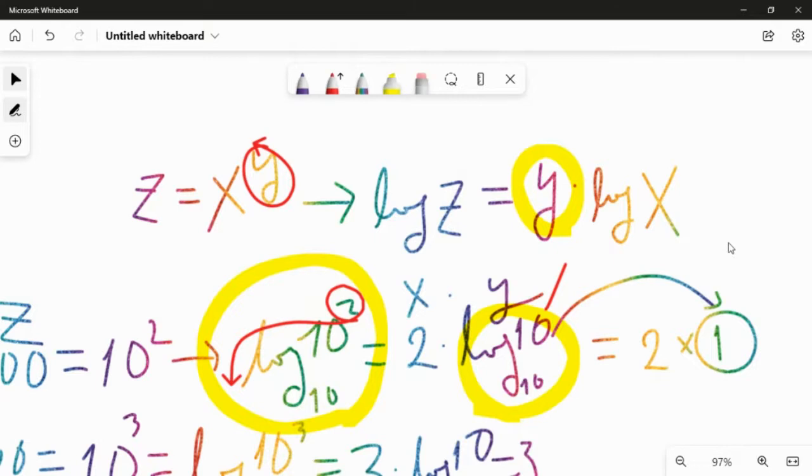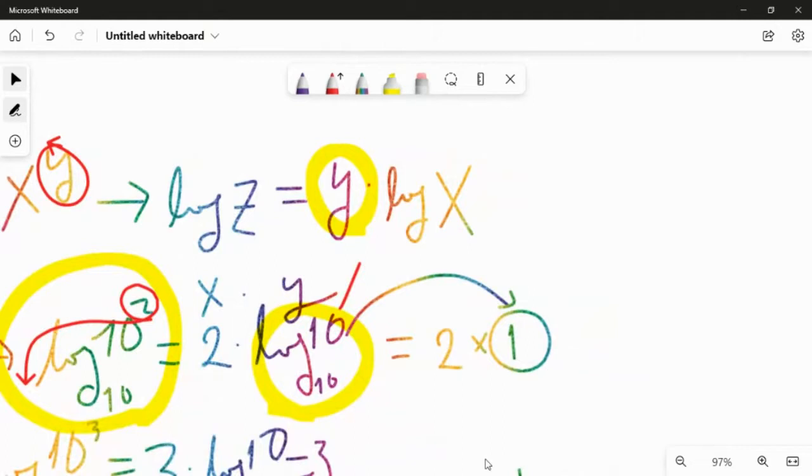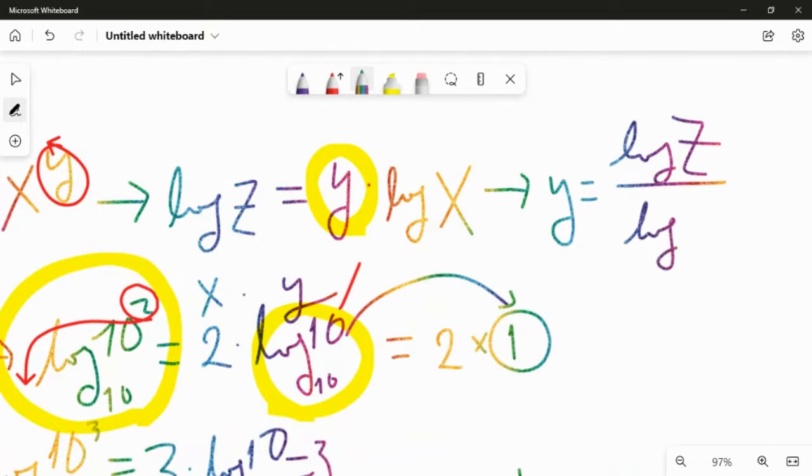And if it is in multiplicative structure, then it's once again the same thing. We'll simply divide log z by log x, then we'll find that y, the padlock.